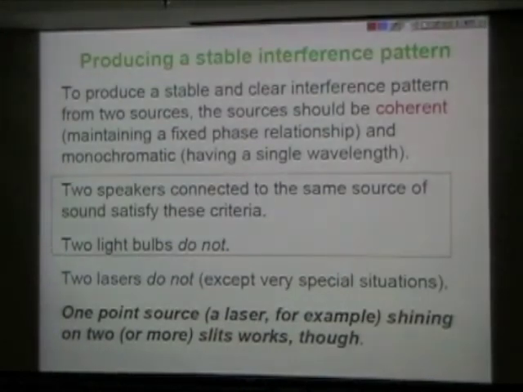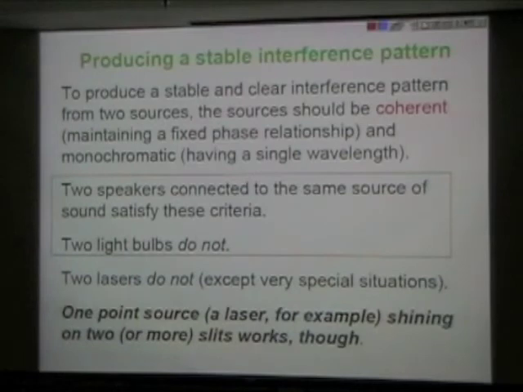The problem with light is that it's very, very hard to make two light sources coherent. It's very easy for sound sources: two speakers connected to the same generator are coherent, same frequency, same phase. But if you take two bulbs, it doesn't work for light anymore.